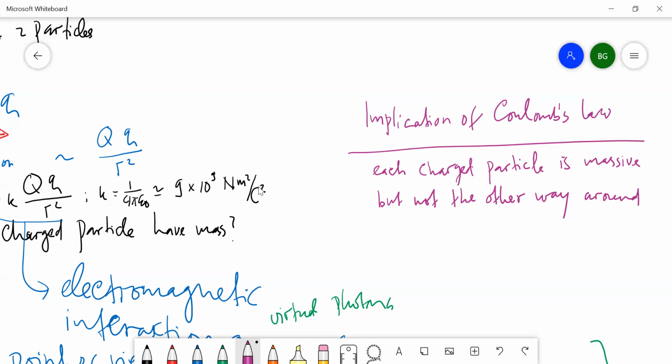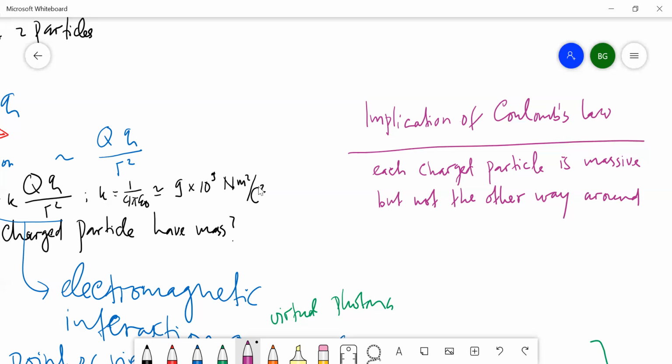It means that if a particle is massive, it does not always have an electric charge.